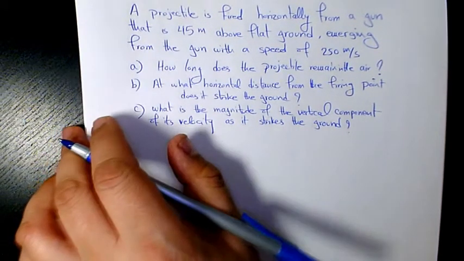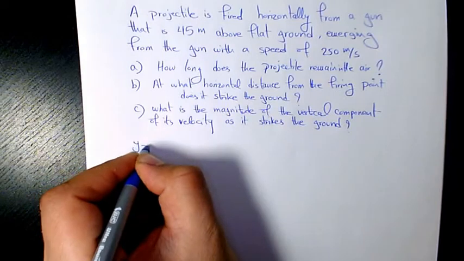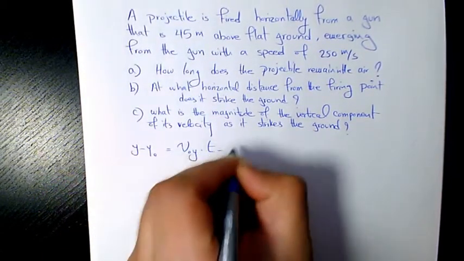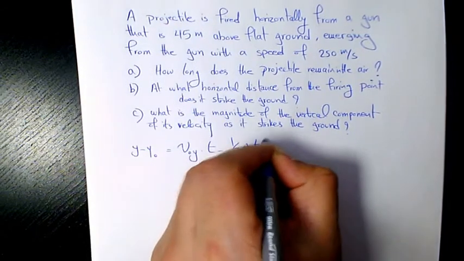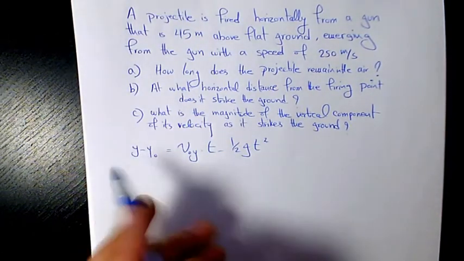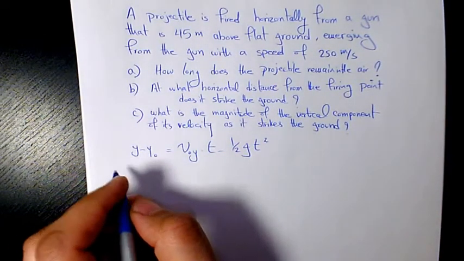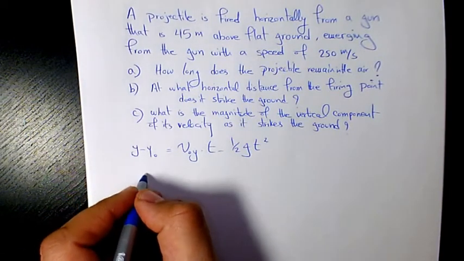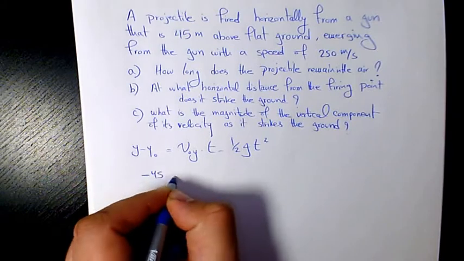So first of all, I'm going to have y minus y naught equals v naught y times t minus 1 over 2 g t squared. The difference between these two numbers is going to be the height, which is minus 45.